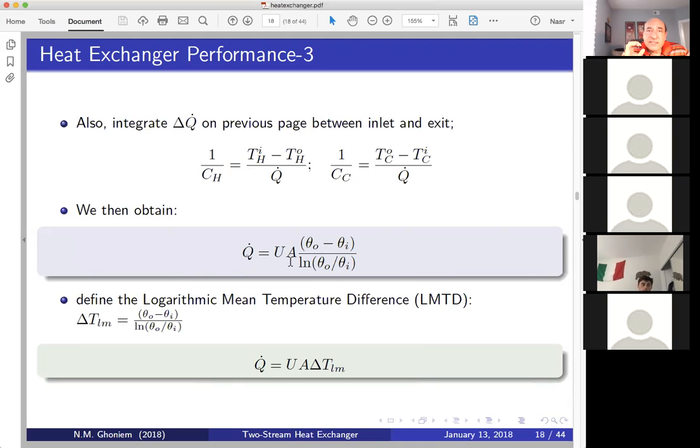And the area, you have a cylinder, so you take the area of the inner cylinder. You have L, and then you have 2R1 as you have a diameter of 2R1. So pi D1 times L, that's the area through which the heat is flowing.